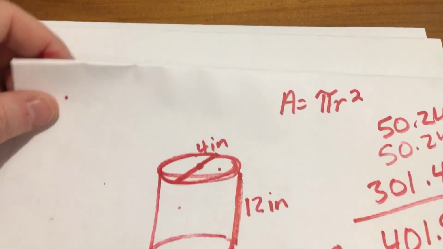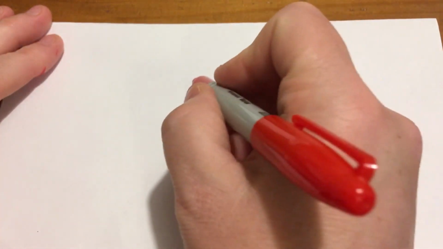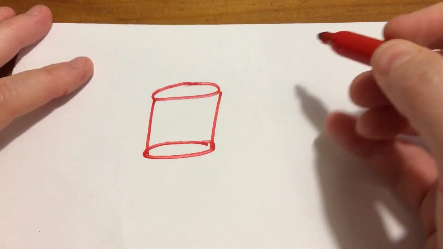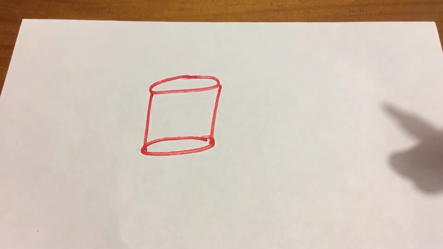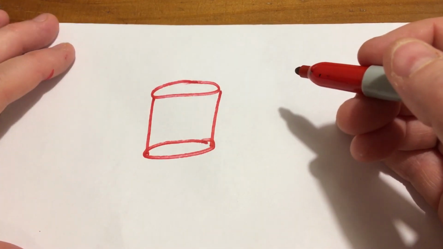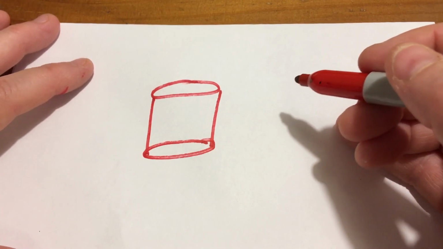Now let's do volume. Volume is much easier. You're trying to find the inside, or how much the inside of a cylinder will hold, or like I said before, how many green beans can be stored in this can. So you want to know the inside space, and that is volume.